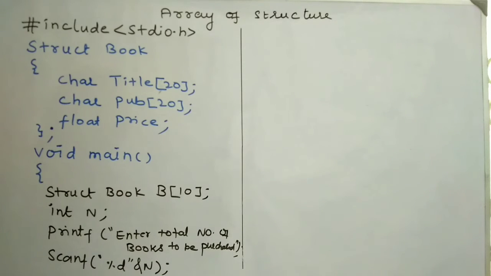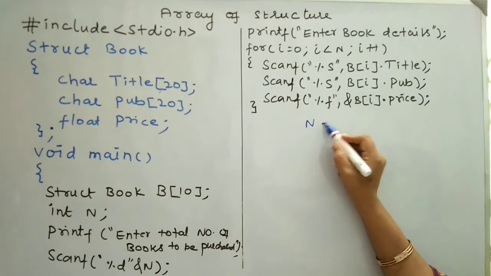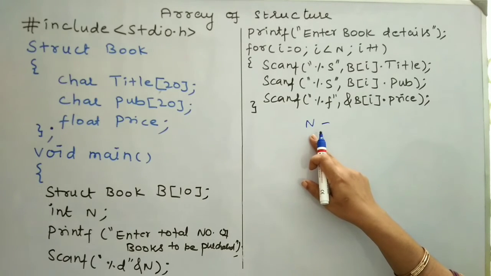So before getting details of the book from the purchaser, I am getting the total number of books the purchaser wants to purchase. Now we need to get the details of the books. Before that, we get the value of n. n is the total number of books the purchaser wants to purchase.